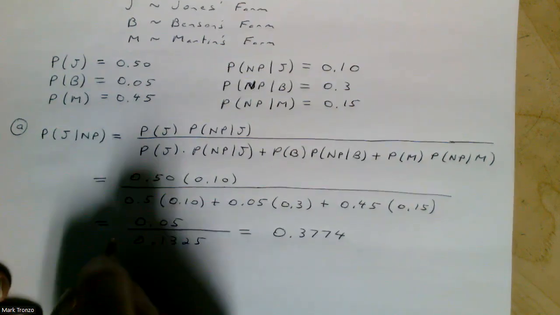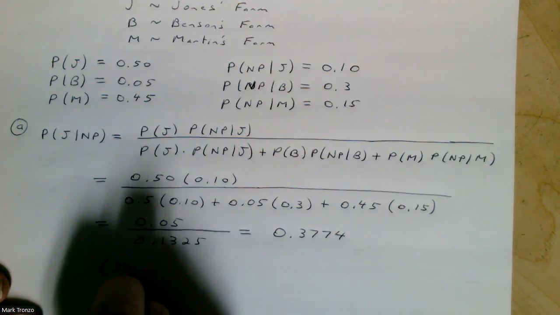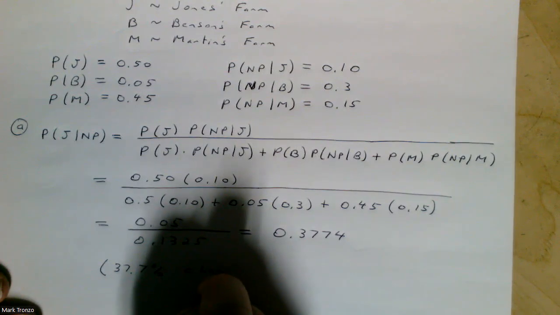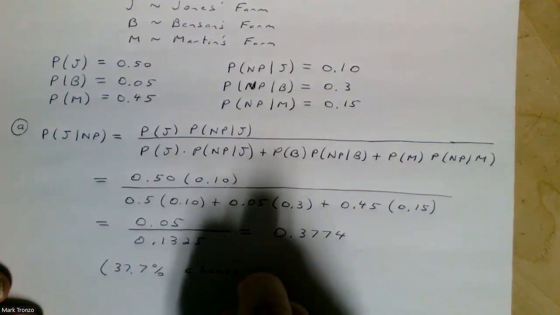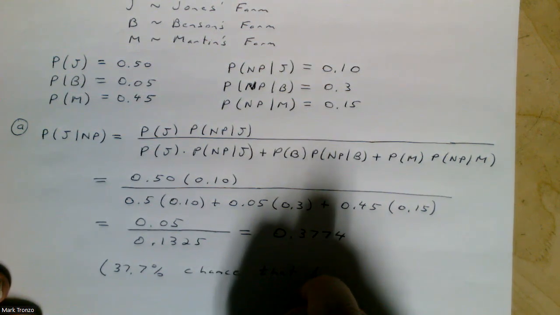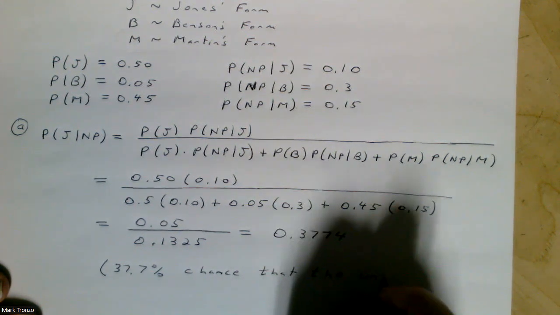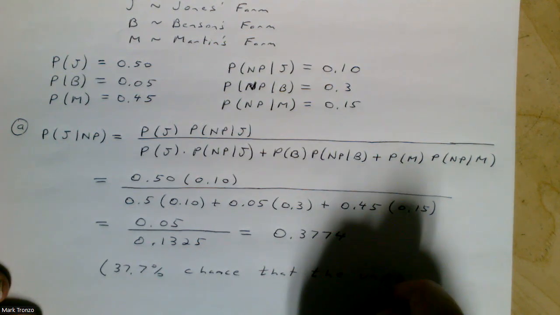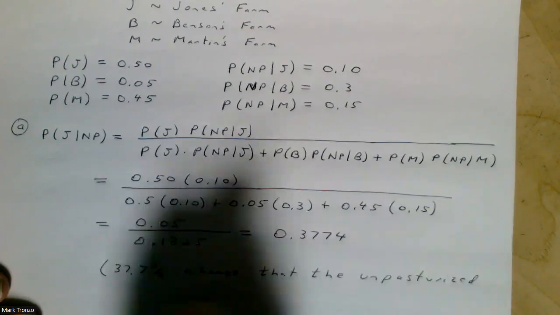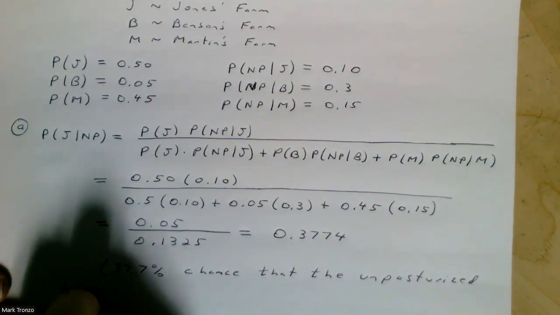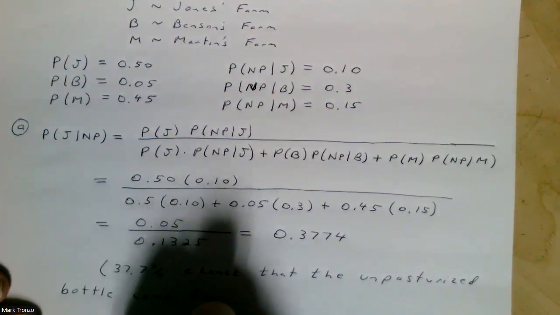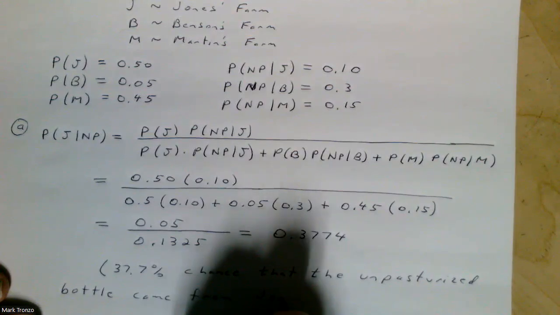So there's a 37% chance that that unpasteurized bottle came from Jones's apples.